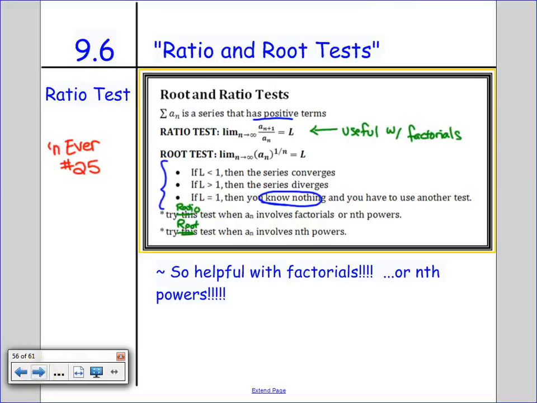This is what I want to tell you. Okay, guys, you can tell the ratio and root test, we're taking limits, right? Limits to infinity, and sometimes limits are easier. What conclusions can we make? First conclusion. We're looking at the limit, and we're assuming that it equals a constant. If L is less than 1, how could it be less than 1?